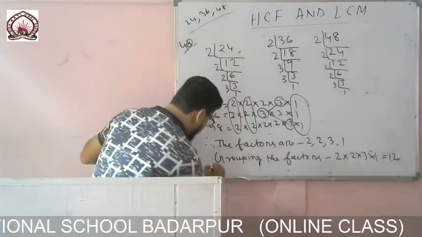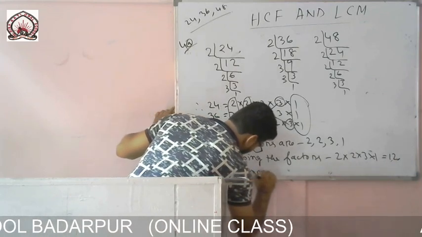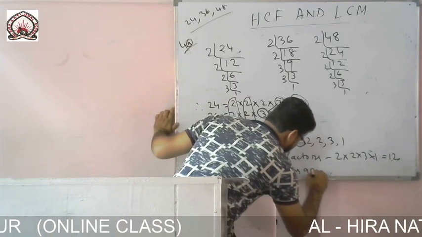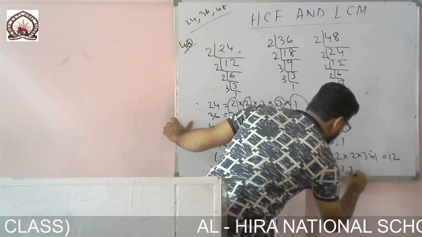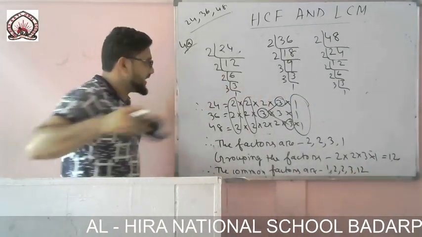Okay, now write the common factors are 1, 2, 3, 12. Right, among these 12 is the greatest one.